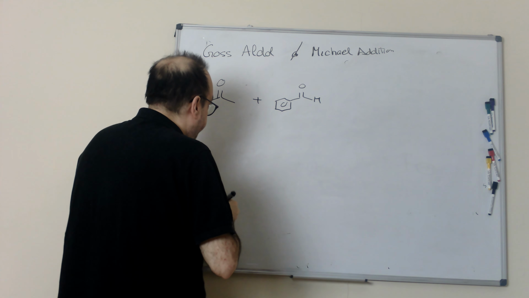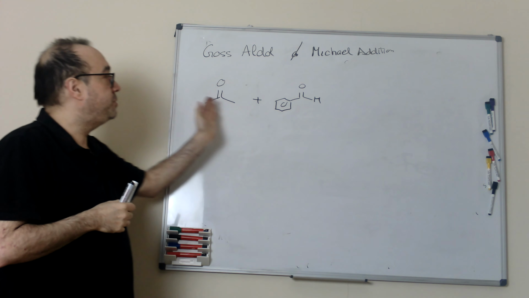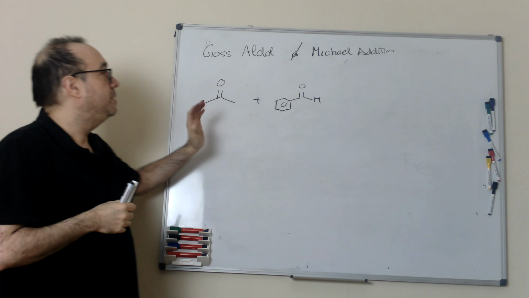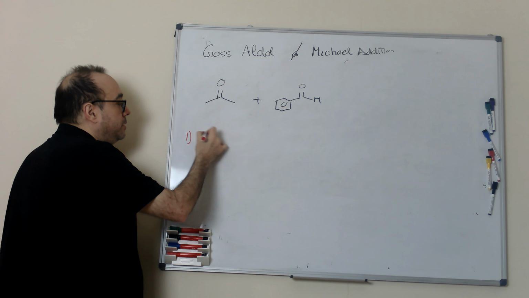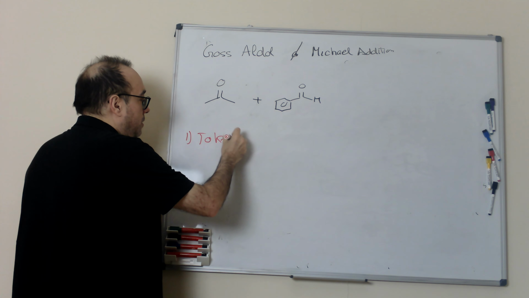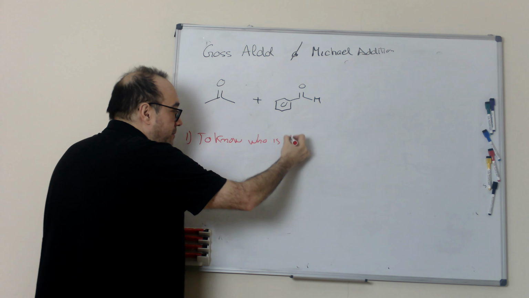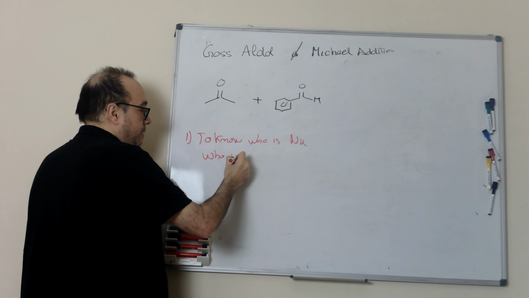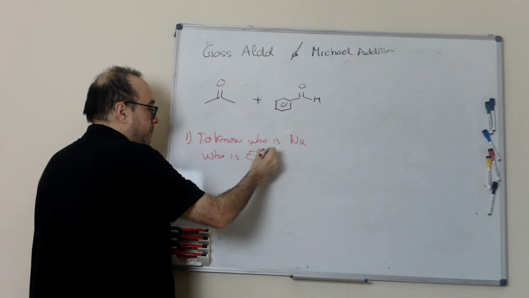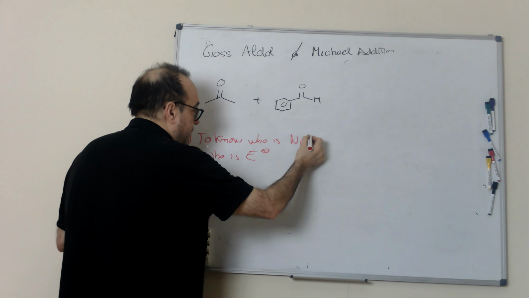when we are doing an aldol reaction with two different compounds, the first thing we need to do is to know who is the nucleophile and who is the electrophile.